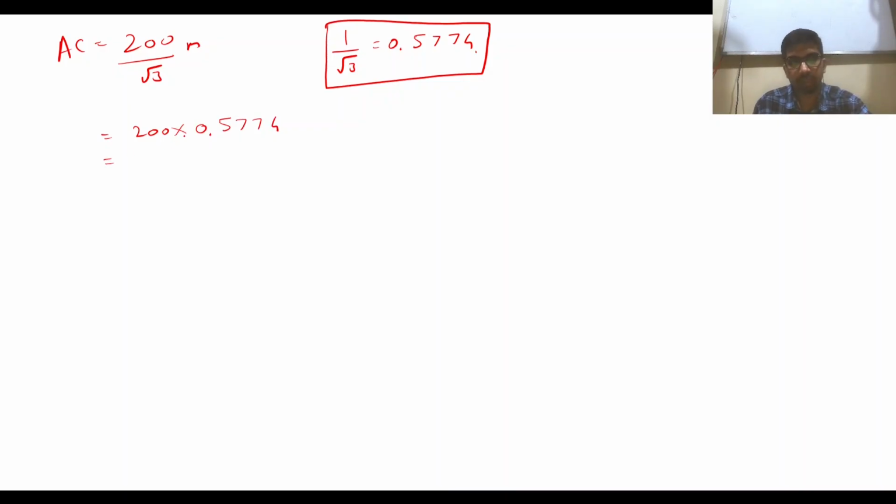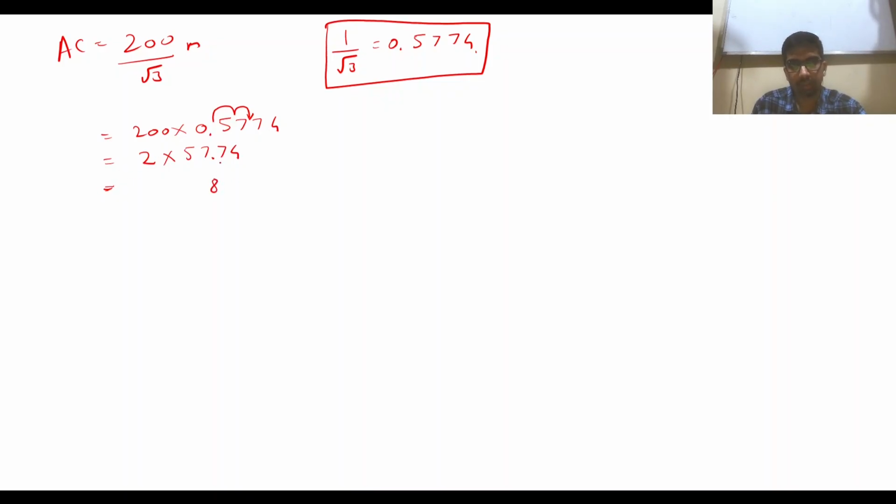Now again same technique. Now there are two zeros over here. There's a decimal over here. So decimal will go 2 places towards right and this 0 will get cut. This will become 2 into 57.74 only.